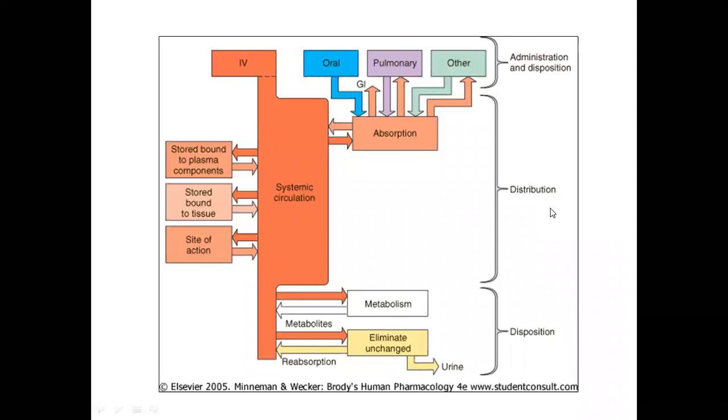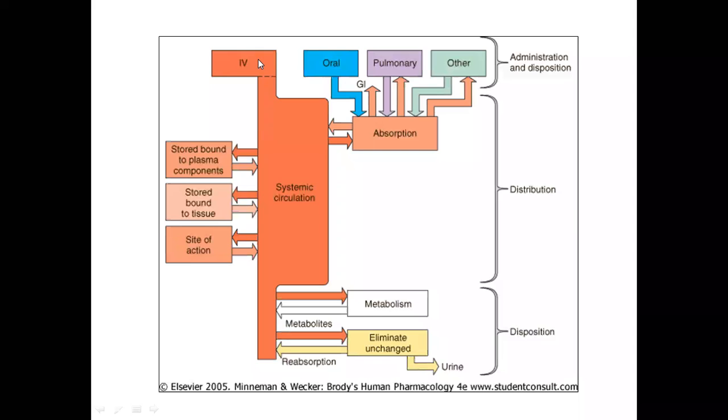In this diagram you can see that when we administer the drug in the body by different routes of drug administration, there are different routes and different sites where it becomes available.